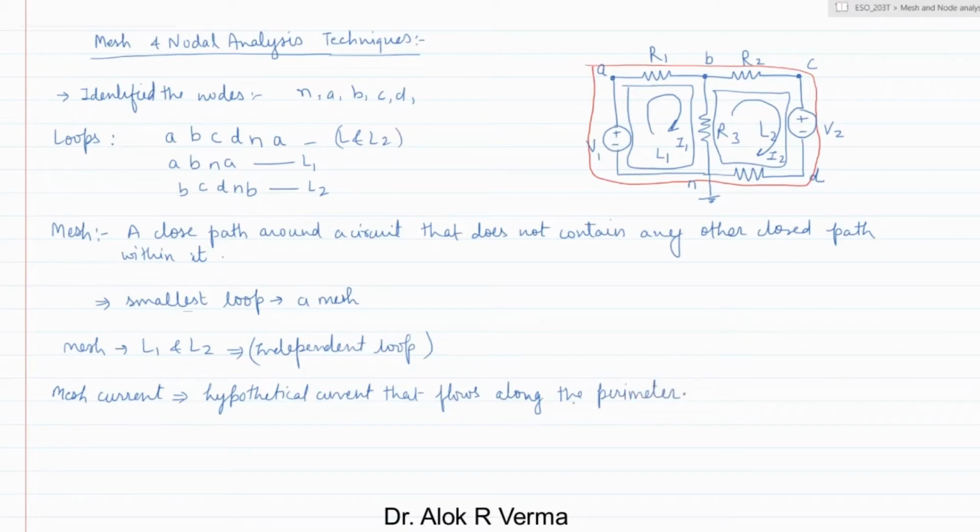If suppose L1, the hypothetical current I1 will be flowing along the boundary of L1. Similarly, in mesh 2, L2, the hypothetical current I2 will be flowing from A to B to C to D to N, and then again B. So this is a loop. This is the path for I2, and this is the path for I1 for loop 1.